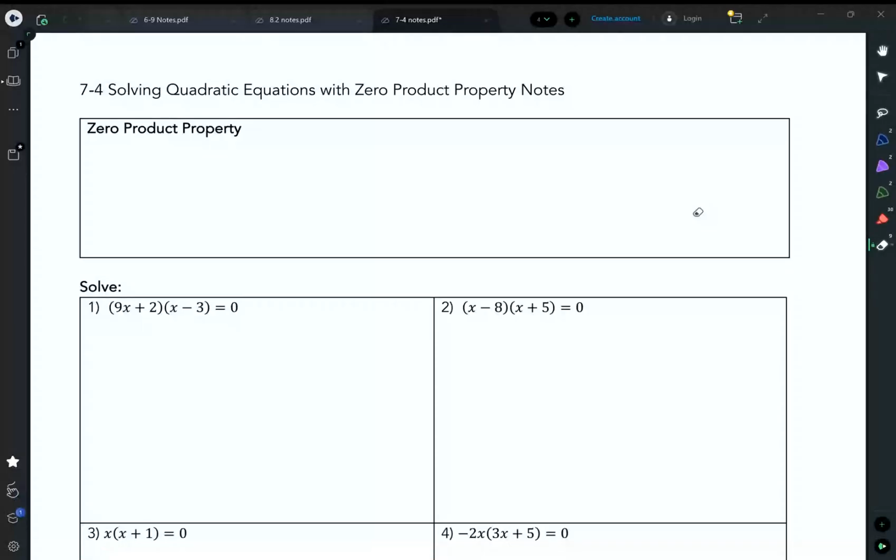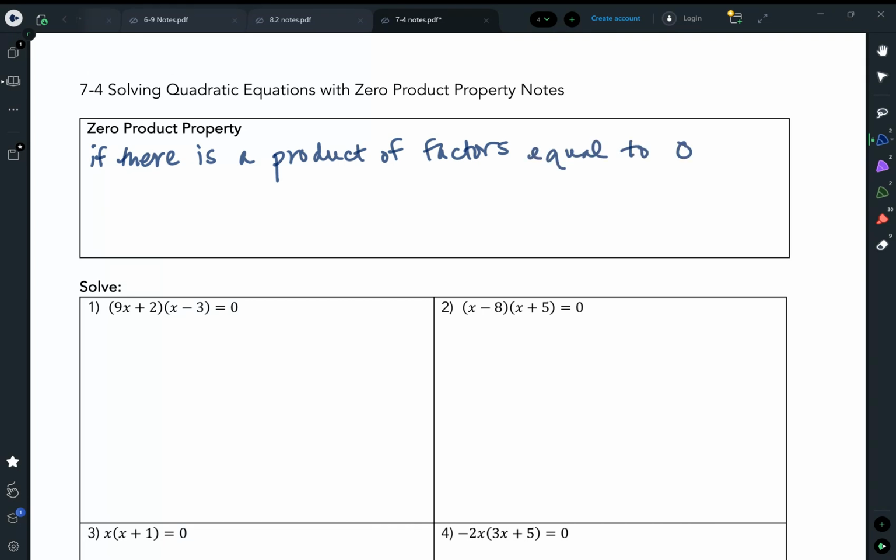So zero product property says if there is a product of factors equal to 0, then at least one factor must be equal to 0.